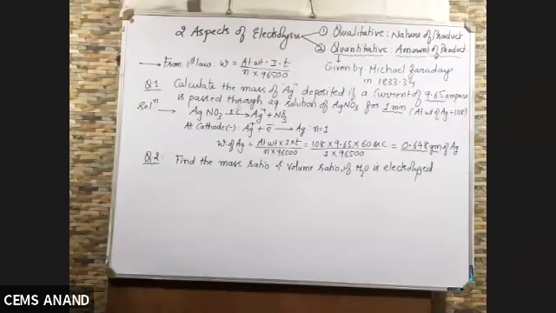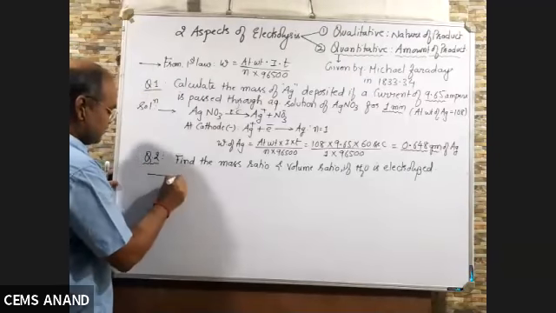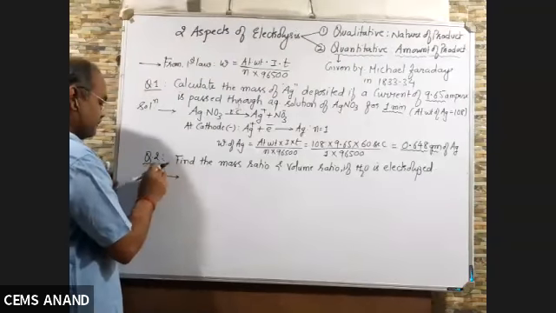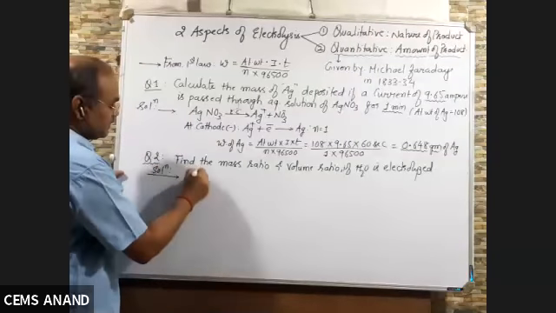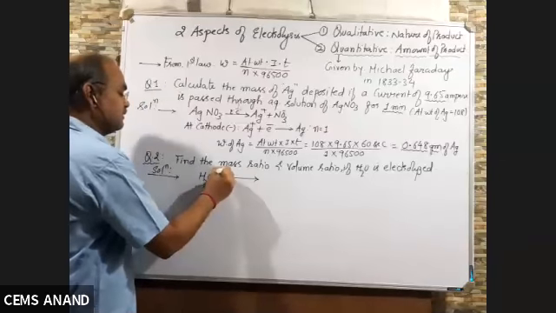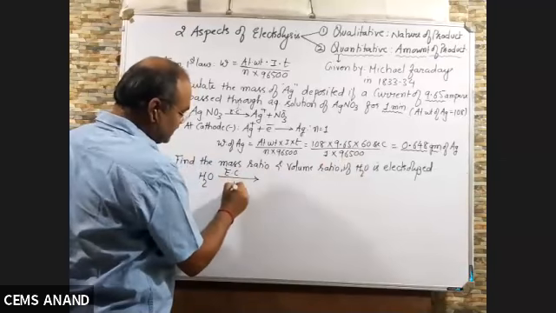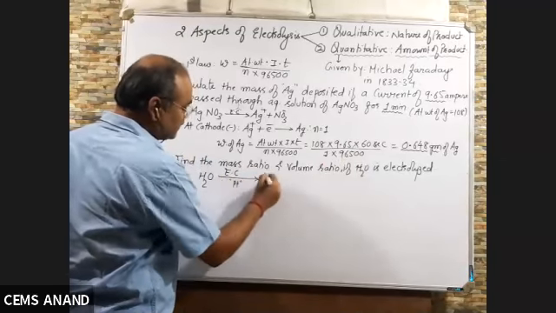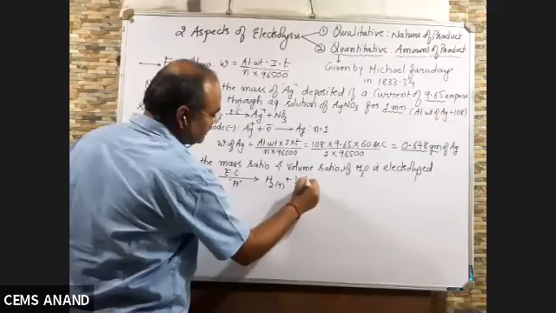Now, how to find the mass ratio and volume ratio? For that, you can write: water on electrolysis by passing electric current, using platinum electrode, gives H2 gas plus half O2 gas.